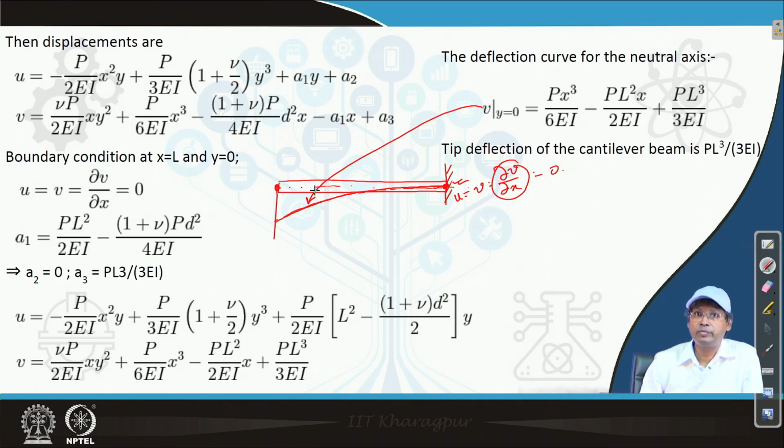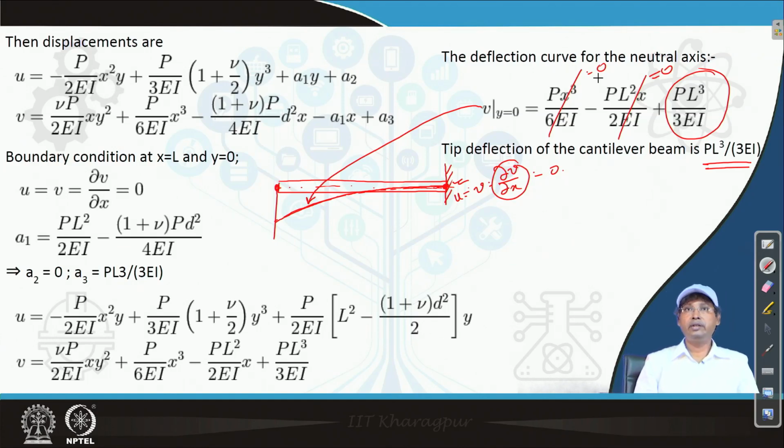And one more interesting point, probably you have solved using various methods, that the tip deflection is always P L cube by 3 E I. If you put x equals to 0, this goes off, this is also equal to 0 and we have the desired solution equal to P L cube by 3 E I. So, with this note the preliminary discussion of theory of elasticity ends, and in the next 2 weeks we will solve specific problems with the help of theory of elasticity.